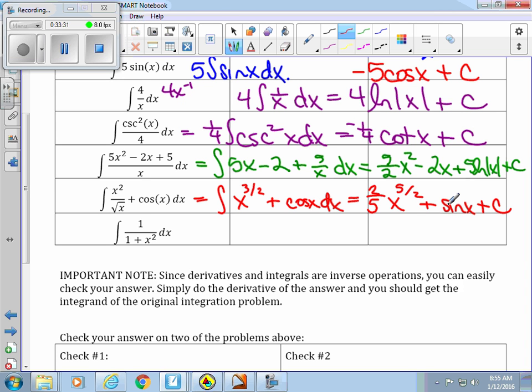This last one's really weird because can I simplify it? Can I simplify the last one? No. So there better be a rule for that, or I'm in big trouble. So look close.